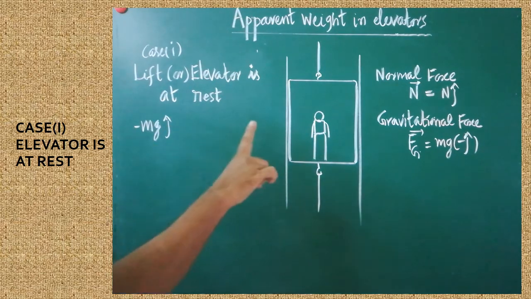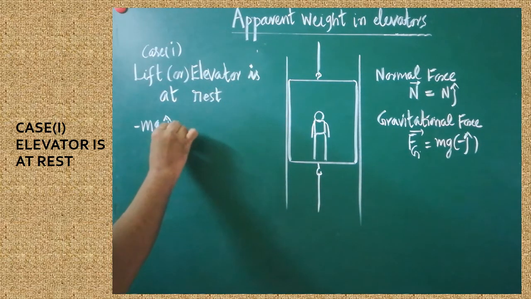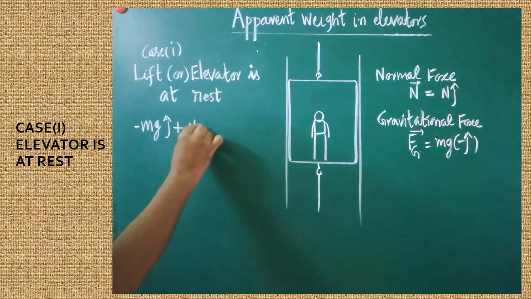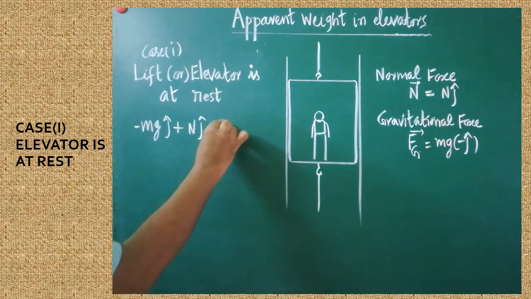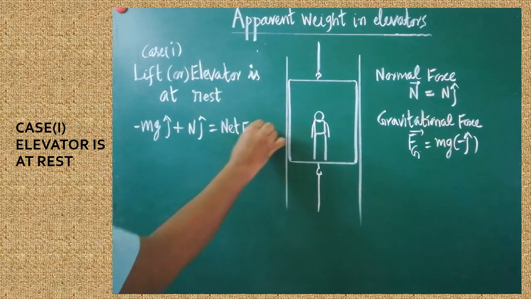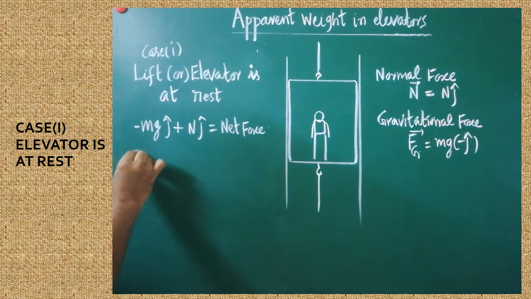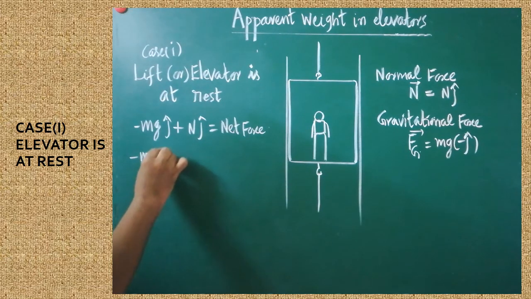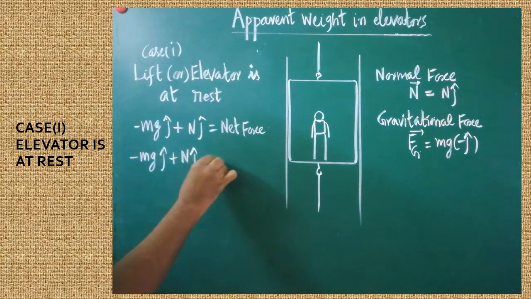And one more force is acting in the upward direction, that is the normal reaction force. That must be written as N j cap. Both are added, and that is equal to the net force as per Newton's second law. Are you clear? Both the two forces are equivalent to the net force. In the next step, how to write this? Here minus mg j cap plus N j cap is equal to the net force.